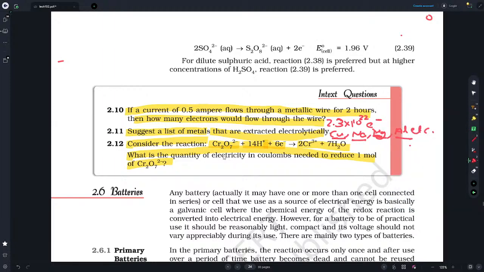Basically, potassium dichromate is a really strong oxidizing agent as it can easily take electrons. In Cr2O7 2 minus, the oxidation state of Cr is x: 2x minus 14 equals minus 2, so 2x equals 12, x equals plus 6.